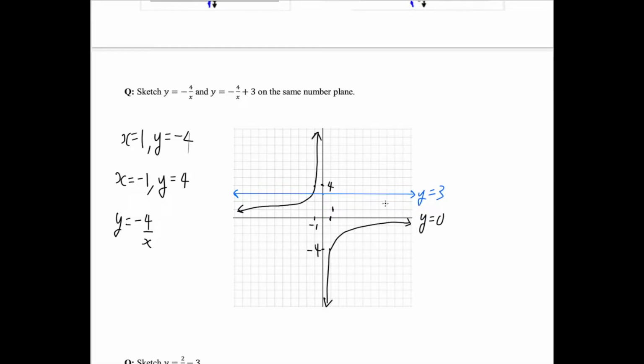After finding the asymptote, because the graph has shifted up, we now have an x-intercept. Sorry, not a y-intercept, an x-intercept. To find the x-intercept, we let y equal 0. So 0 equals minus 4 over x plus 3.